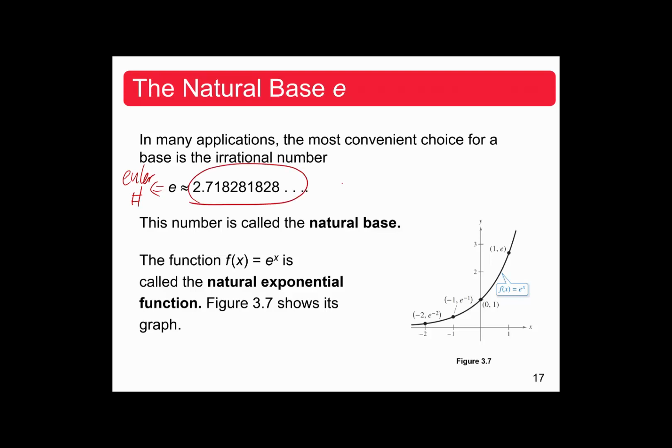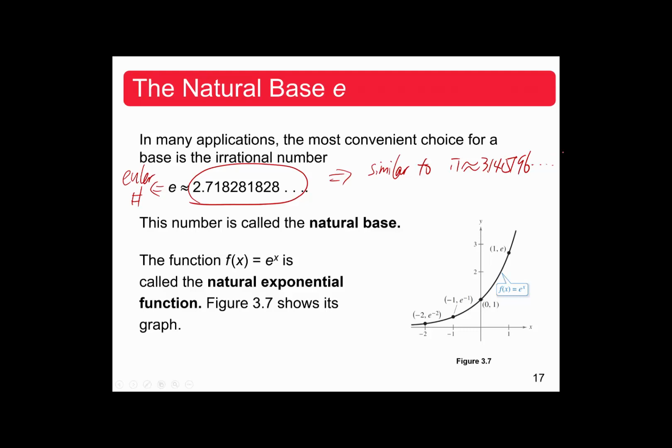E is very similar to pi. Pi is 3.1415196, right? You can have infinitely many decimal places. E has almost the same, exact identical nature as pi.